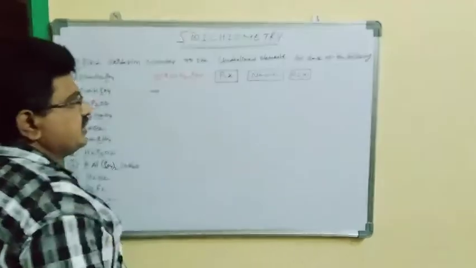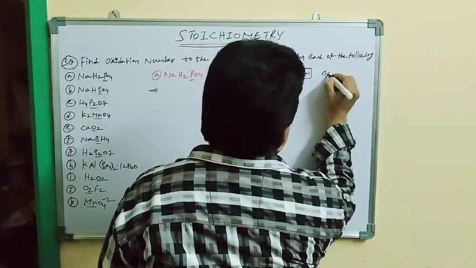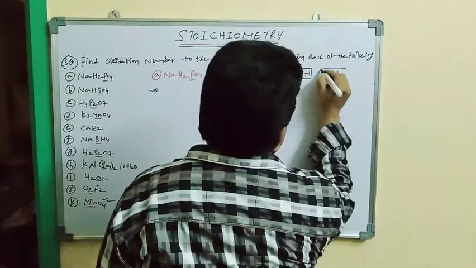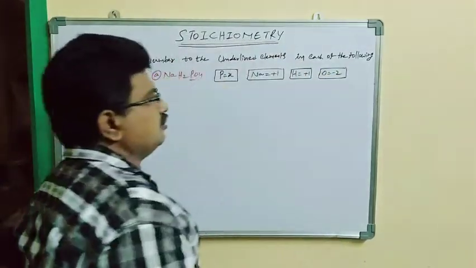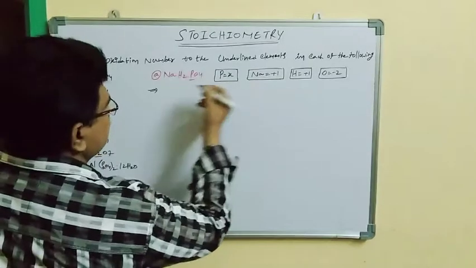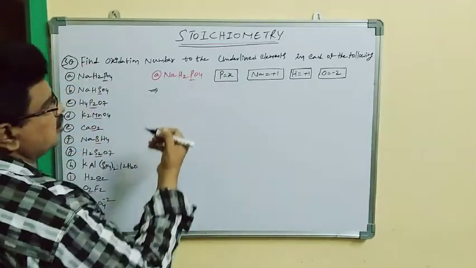We take phosphorus as X. Oxygen charge is -2. For understanding, I am writing like this: substitute all the charges in the given compound.